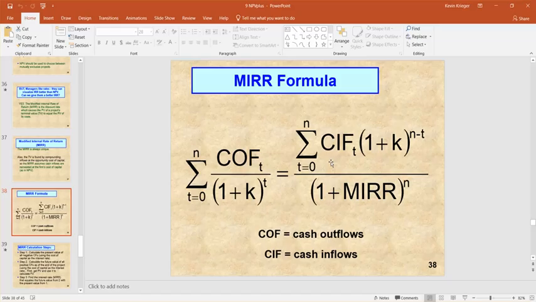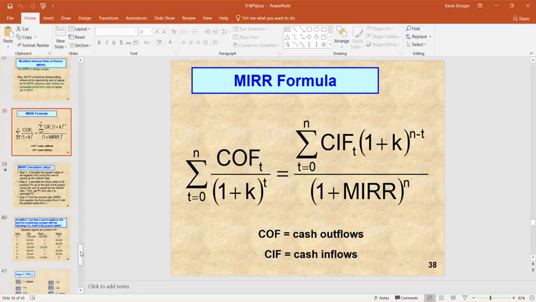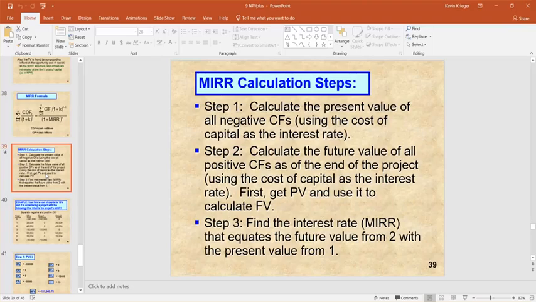That's the reason for the exponent here on these, the future part, versus the division by 1 plus k to the t, which is the present value part. But I think it's very unlikely that someone's going to stare at that formula and enjoy it or figure that it's the easiest or most useful way to actually do the work. So I think it's easier to list you some steps and maybe show you an example or two. Okay.